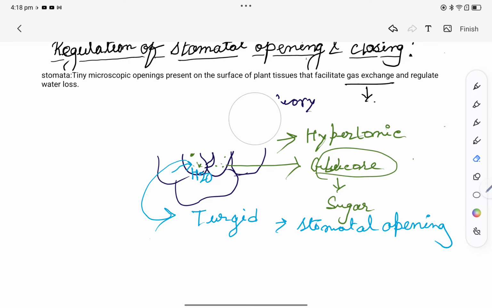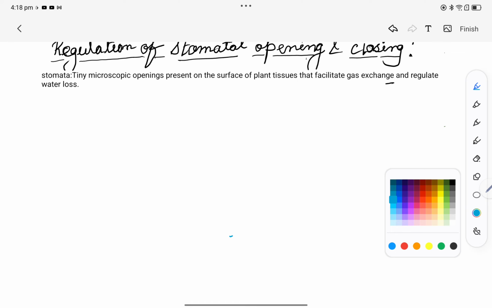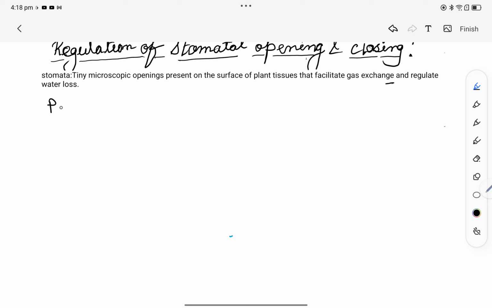Next, we are going to discuss the potassium ion exchange theory. Our second theory is the potassium ion exchange theory.